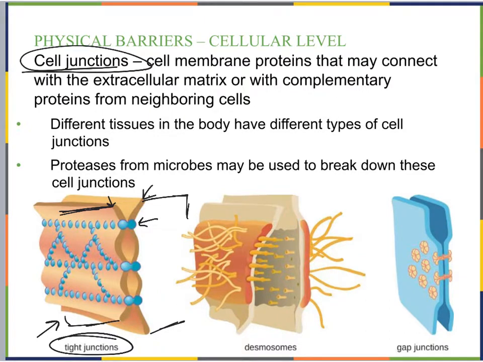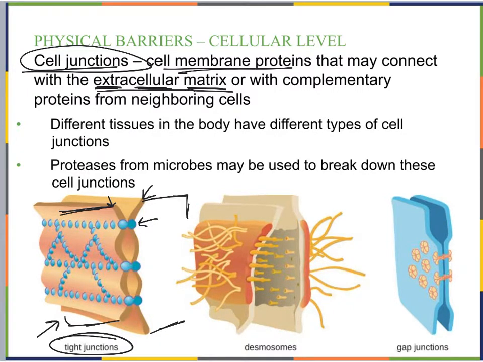This is one type of cell junction, a tight junction. A cell junction is where we have cell membrane proteins that are going to connect with either the extracellular matrix or with complementary proteins from neighboring cells. When we say extracellular matrix, we're talking about the matrix outside of the cell, the stuff that's outside of a cell.